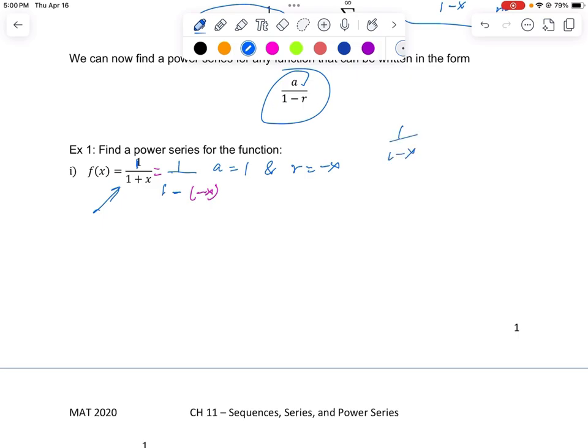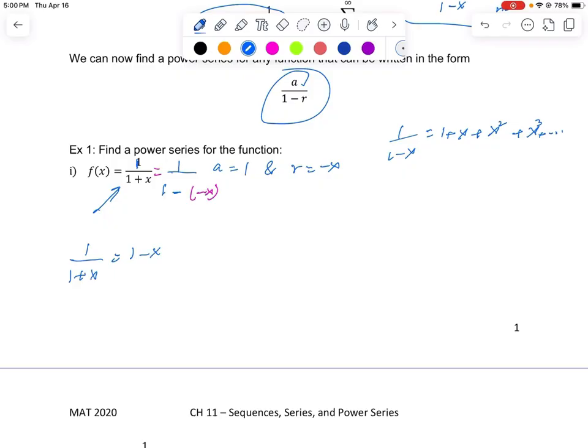This is equal to 1 plus x plus x squared plus x cubed plus dot dot dot. So in that one, we will replace x by negative x. So we get 1, and then x, I plug in negative x, so it gives me 1 minus x.